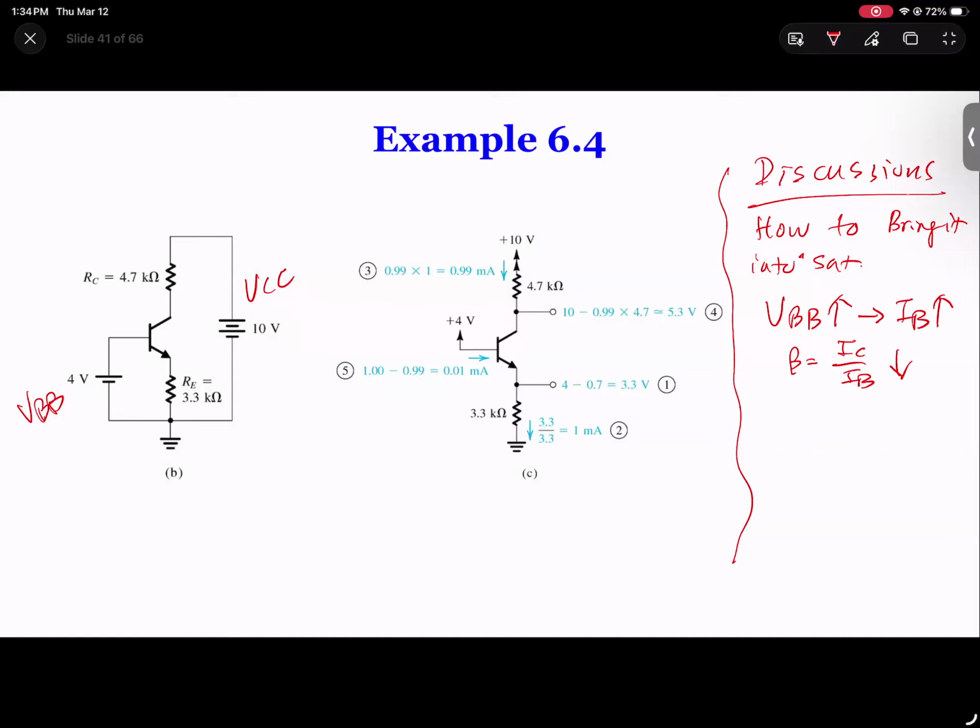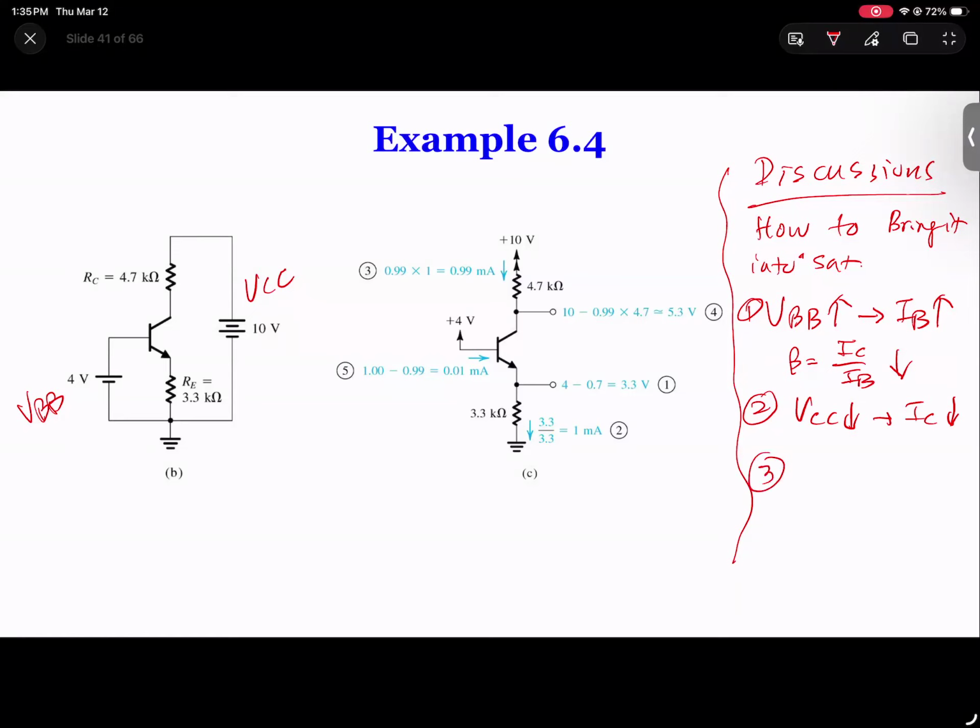If IB increases so much that your beta is now less than 100, you're in saturation mode. So that's one thing you can do. What else can you do? If we decrease VCC, what happens? IC decreases. If IC decreases, beta decreases. If beta decreases to the point that it is less than 100, it's in saturation.